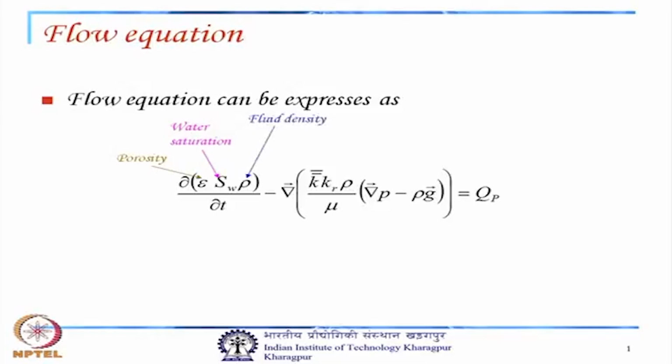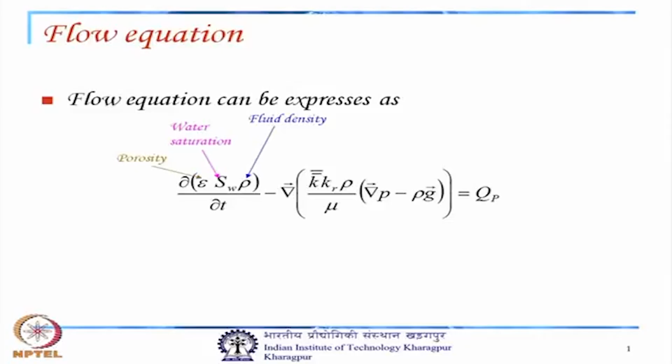If this combined term, the multiplication of porosity, water saturation and fluid density, is temporally varying, then we can model either a density dependent or density independent phenomenon. For density independent phenomenon, the equation will be slightly modified because it will not be varying with the density aspect.